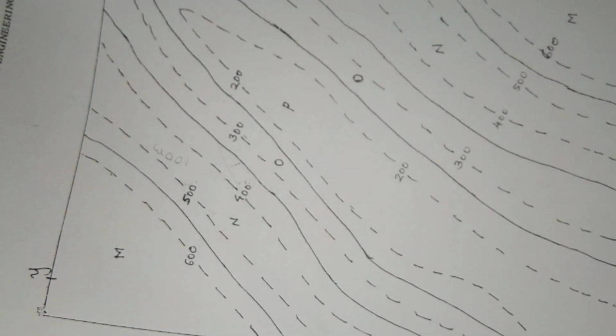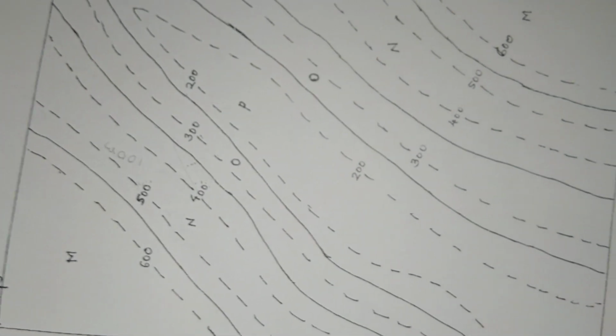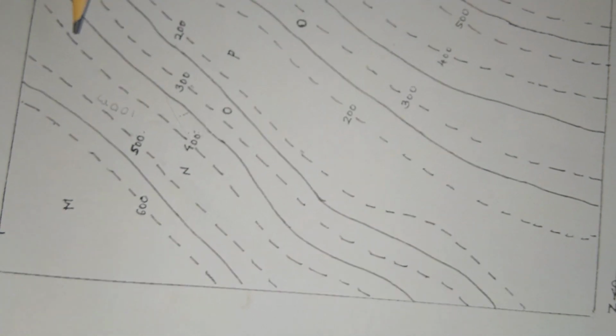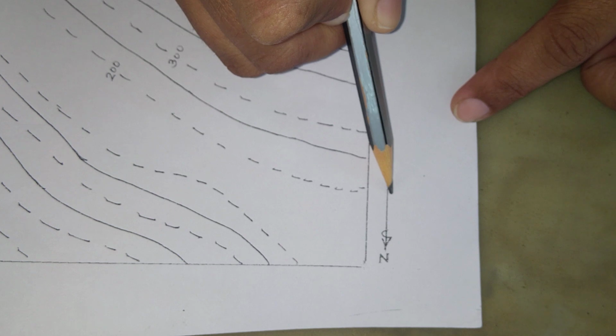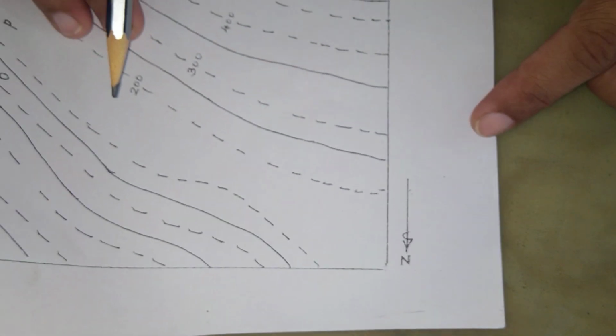This map is a geological map wherein the geological features are shown. Before starting with the map, let us understand what are the points given on the map. The first basic thing is the north direction. With respect to north you have to hold the map always.